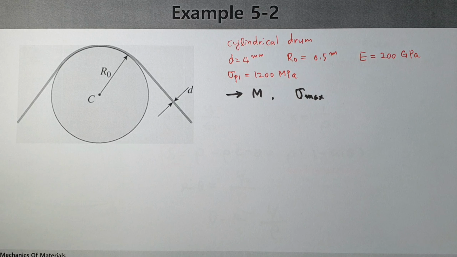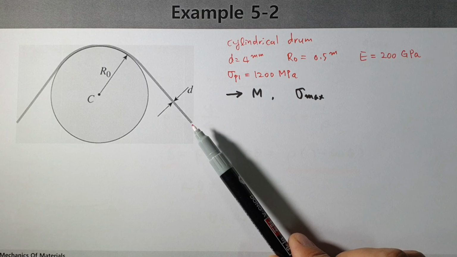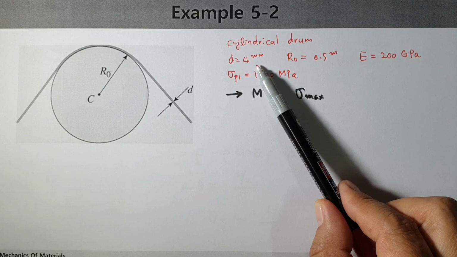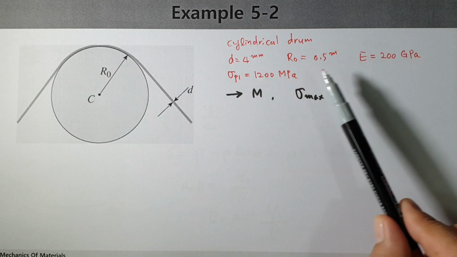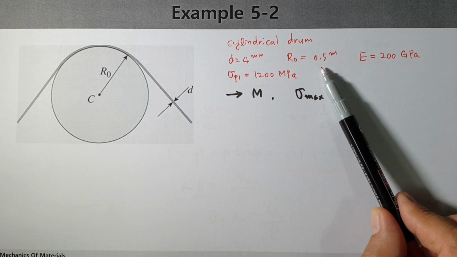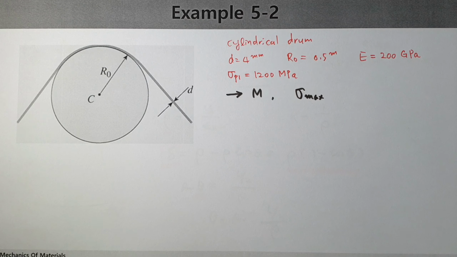Of course, this steel wire has diameter d. d is given as 4 millimeters, and the drum radius is 0.5 meter, and that means 500 millimeters. And the modulus of elasticity of the wire is given as 200 gigapascal, and maximum.